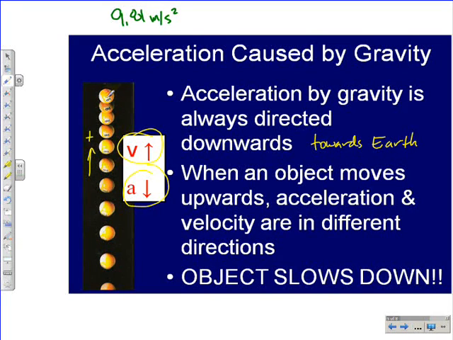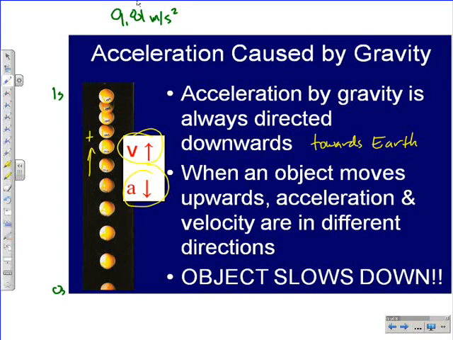So if I take a look, there's 1, 2, 3, 4, 5, 6, 7, 8, 9, 10 pictures here. If the bottom picture was taken at 0 seconds, then the top picture would have been taken at 1 second, right? 10 pictures, 0.1 second intervals, 1 second goes by.